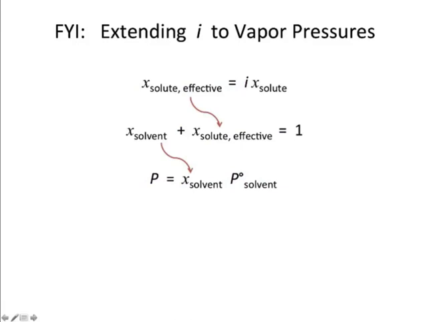All right, so now let's extend this i to vapor pressures. This is something that I don't typically expect you to do on a test, but I just wanted to point out that you can also do this with vapor pressures. It's a little more confusing, so that's again why we omit it.